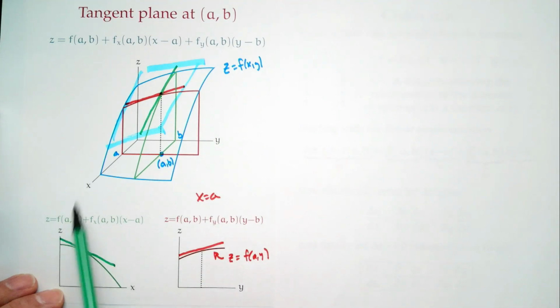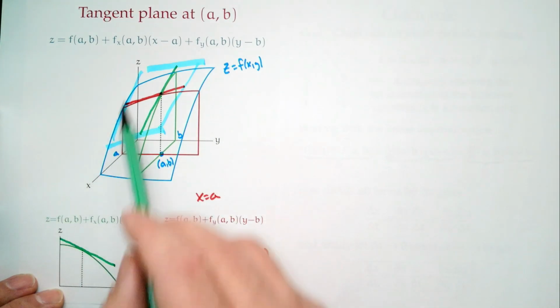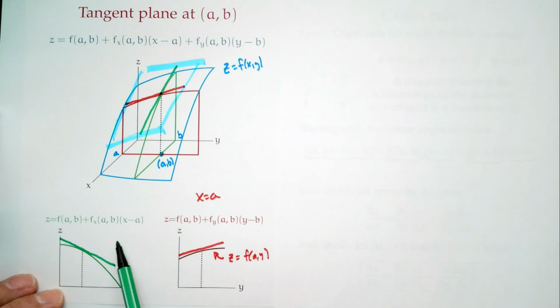You end up with z equals f(a, b) plus f sub x at (a, b) times (x minus a), which again is what you should get, because this curve downstairs is z equals f(x, b). So that's good. The tangent plane matches the intuitive thing that was going on before.